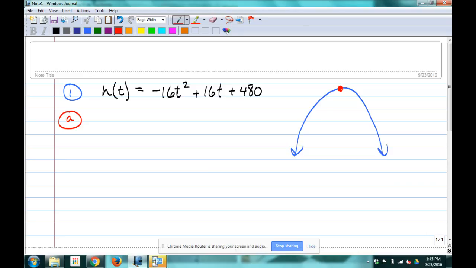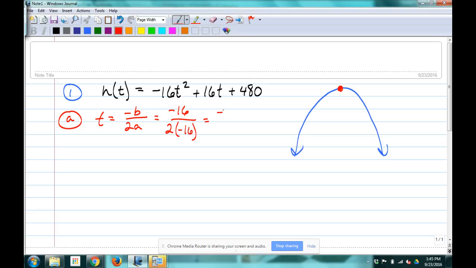In this equation, that's like x, right? So it's the axis of symmetry line. Where's that at? So we just use that formula. Instead of x, we're saying it's t equals negative b over 2a. Well, that'd be negative 16 over 2 times negative 16.